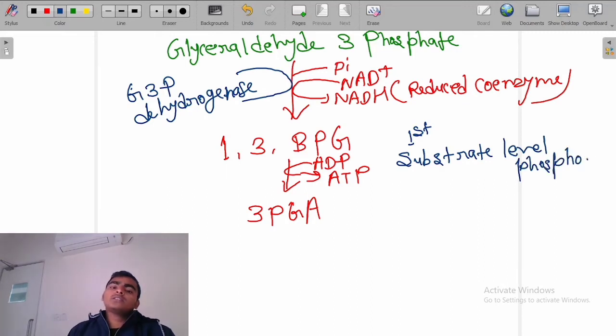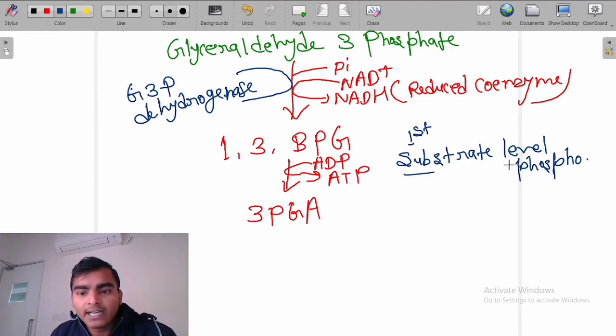Why are we calling it substrate level? That means the substrate which was used, that was glucose, which was converted into 1,3 biphosphoglycerate by various steps, is now going to devote one phosphate molecule from its part and it is going to be used in the production of ATP molecules. So now we have 3-phosphoglyceric acid.